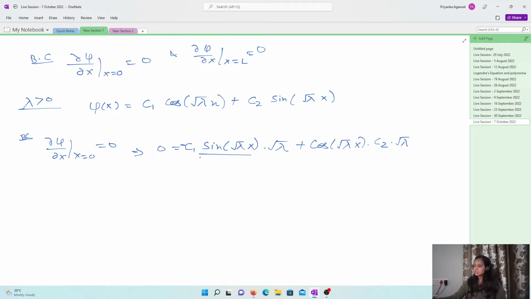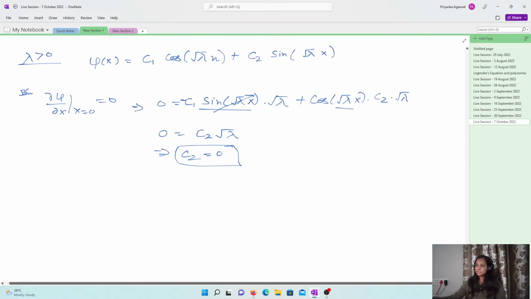So if x equal to 0, the sine term is 0. Now what we have here is 0 equal to C2 root lambda. Lambda cannot be 0, so C2 has to be 0. So C2 equal to 0.